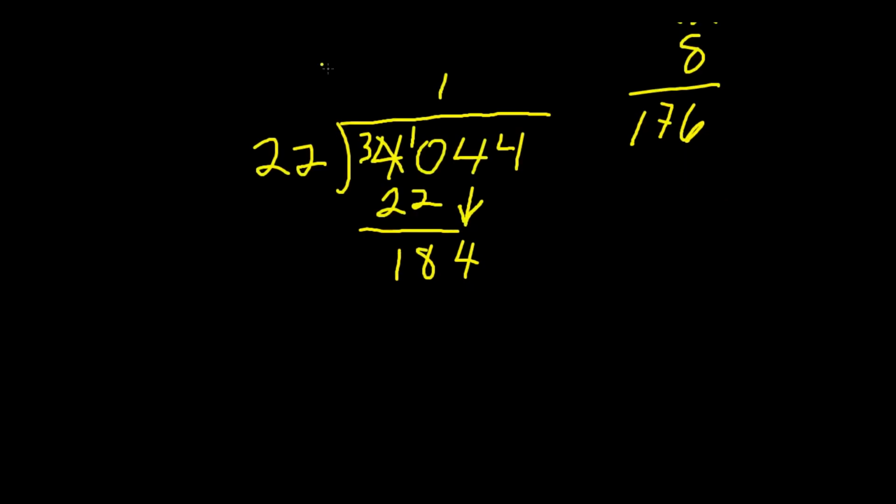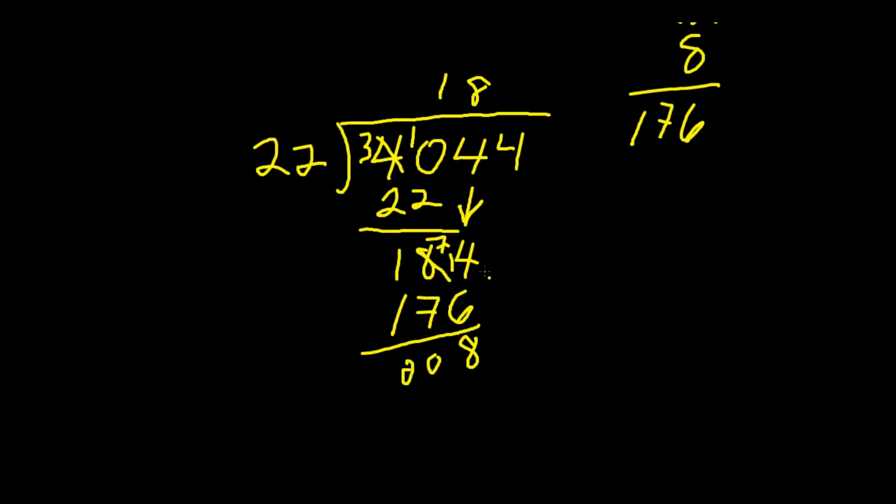So let's try that. So we'll say 8, 176. So once again, we're just subtracting. We can't take 6 from 4. That becomes a 7. The 4 becomes a 14. 6 from 14 is 8. 7 from 7 is 0. 1 from 1 is 0.